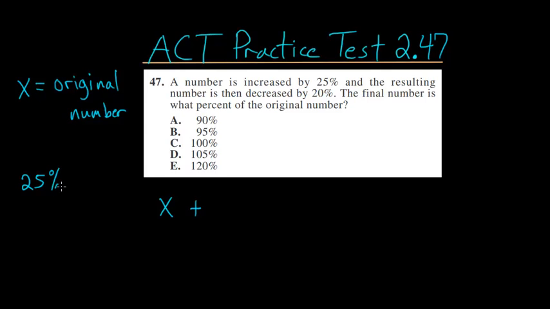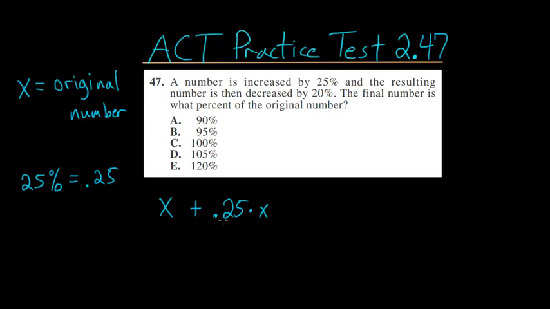And 25% as a decimal is 0.25. Basically, to get rid of the percent sign, you would take the decimal and just move it 2 places to the left. So with this in mind, we're now taking our original and adding to it this increase of 25%, or this is just 0.25 times x.